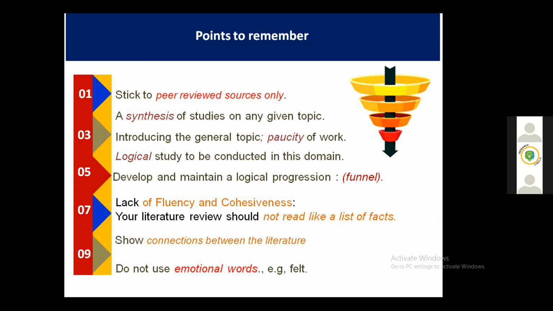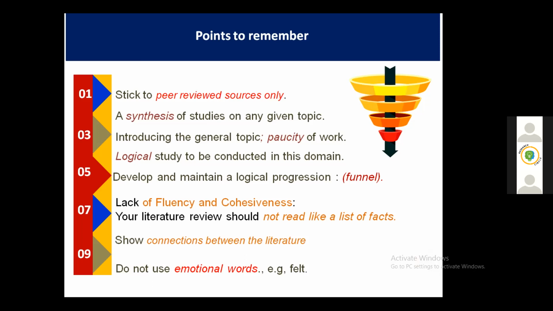Okay. Then introducing the general topic and the positives of the work. You have to explain the general topic, and finally you should come to a conclusion that certain areas are missing, or some shortage is existing, or some area is not considered properly. That should be highlighted. Then the logical study to be conducted in this domain: what systematic study is required?